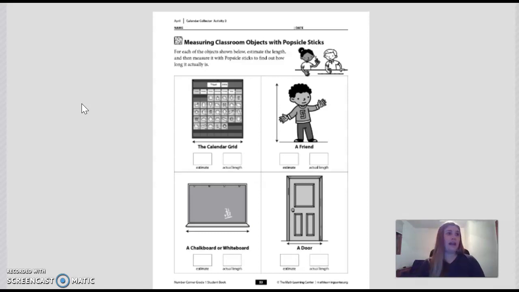And if you have a lot of anything at home, you can measure with those. I will attach a copy of this if you would like to do it. Not required, absolutely optional, completely up to you. But remember, if you're going to do it, you're going to estimate how much you think it is and what the actual length was, okay?